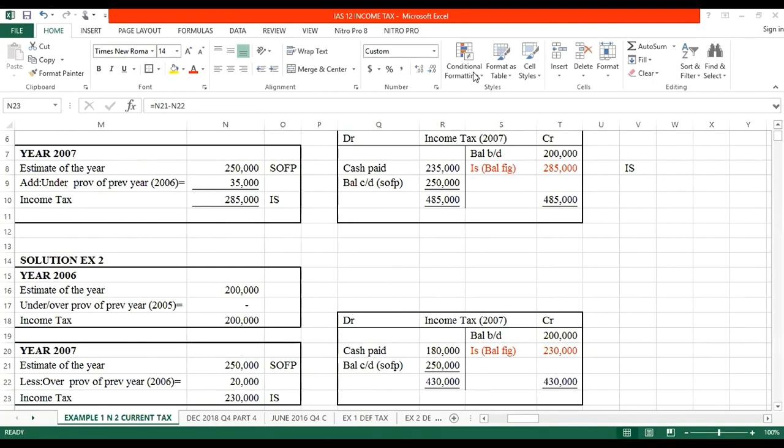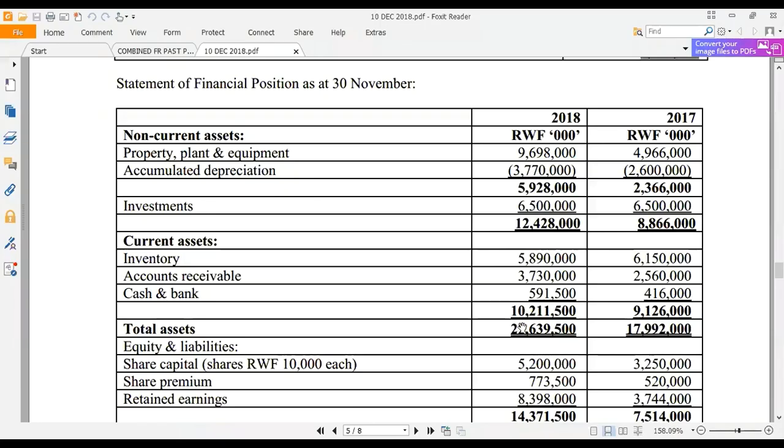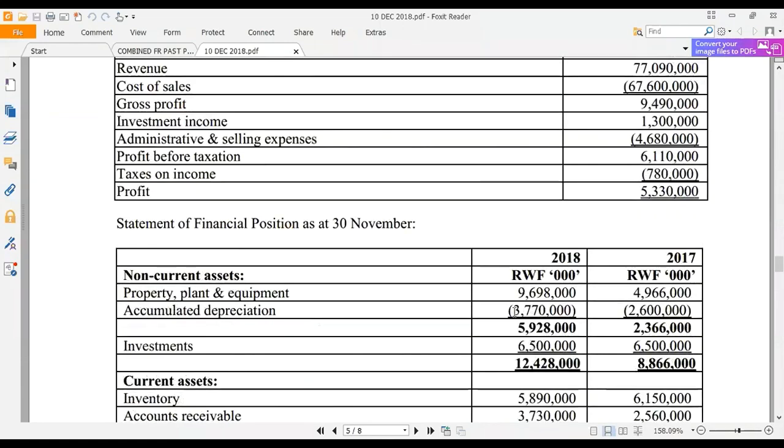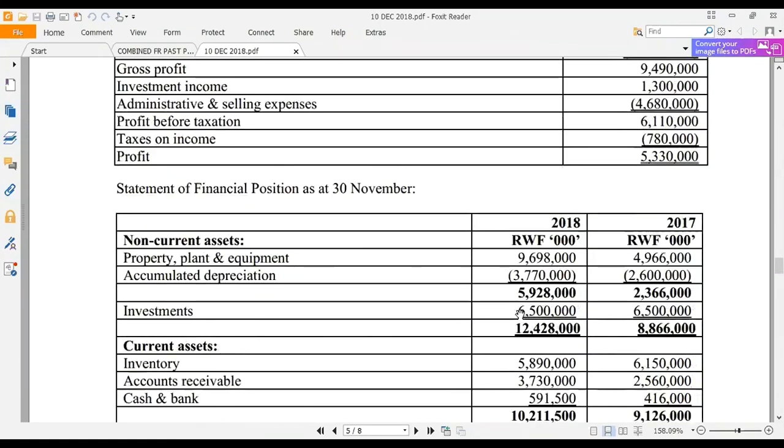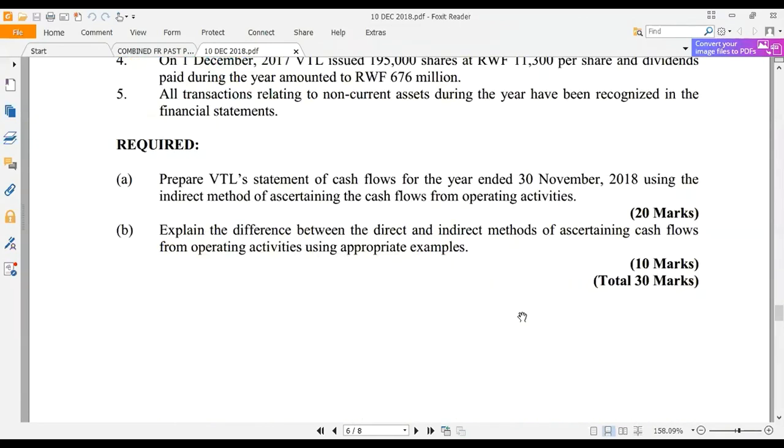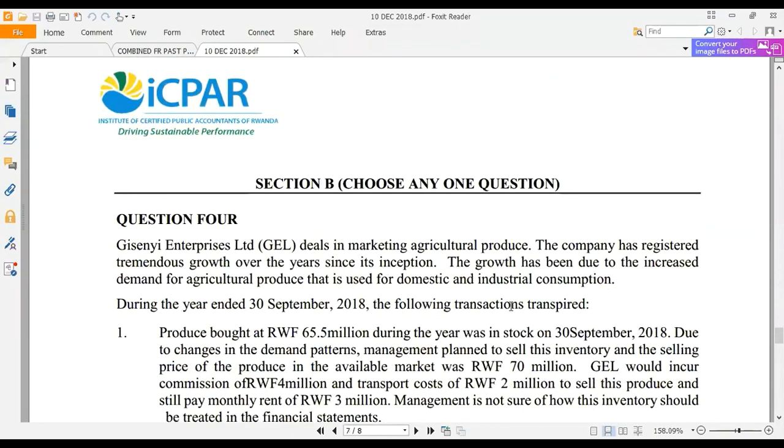December 2018, question 4, part 4. So December 2018, you can note it somewhere.